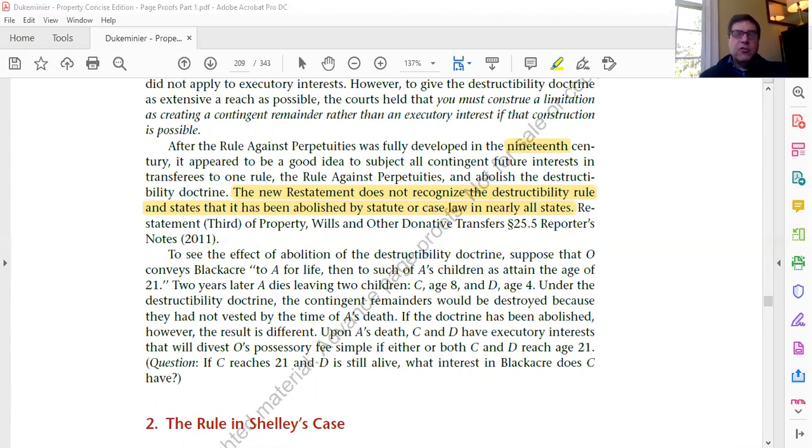Well, that is an interest in a transferee, B's children, rather than in the transferor T, or T's estate. And so, since it's in a transferee, it has to be either a remainder or an executory interest. So is it possible for this future interest to become possessory upon the natural termination of A's life estate? Yes, it is possible.